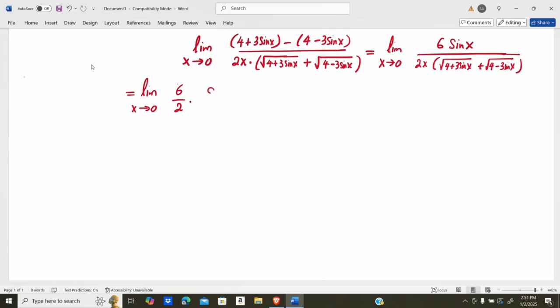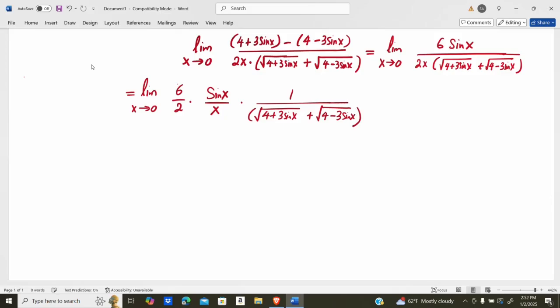And then I have another term, sine x over x, so I'm going to divide sine x by x. And then I have another term, 1 over square root 4 plus 3 sine x plus square root 4 minus 3 sine x.